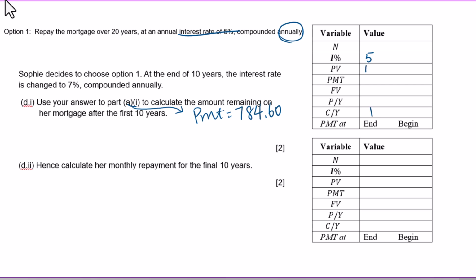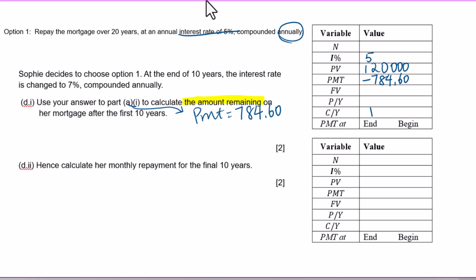We still have $120,000 for present value. PMT, since the money is out of your pocket, it's negative $784.60. Amount of remaining.